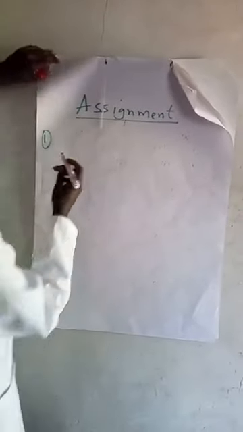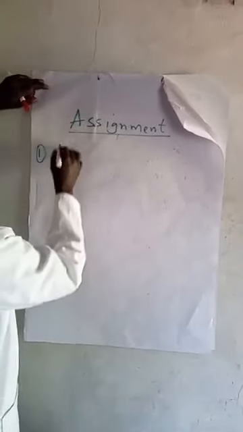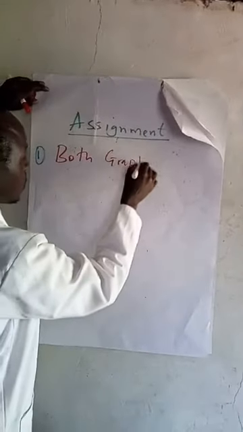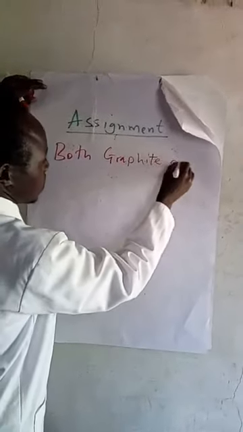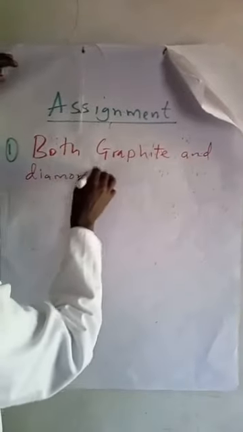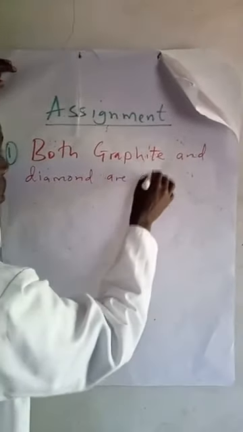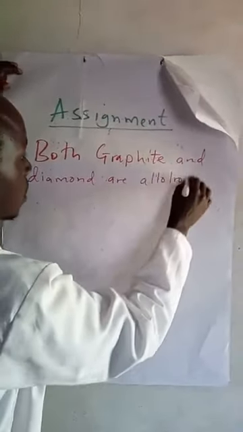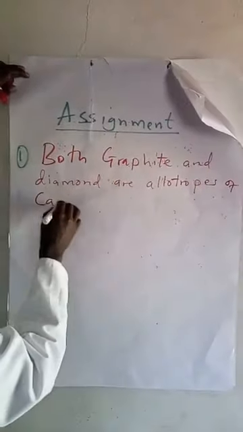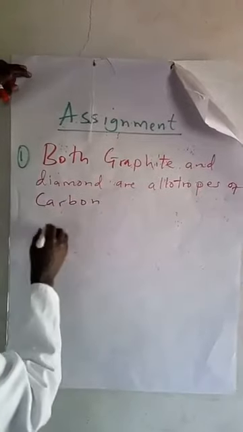Number 1, diamond and graphite, allotropes of carbon.